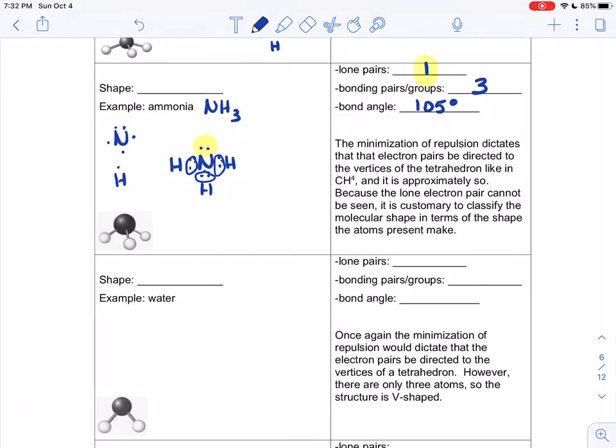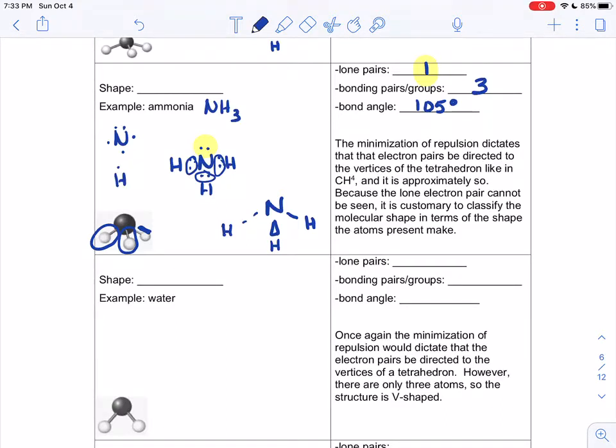All right, so how do I draw this? Here's my central atom. I'm going to assume that this one is along the plane of the paper. I'm going to assume that this one's coming out. And I'm going to assume that this one is going back into the paper. So this H with the triangle is coming out at you.